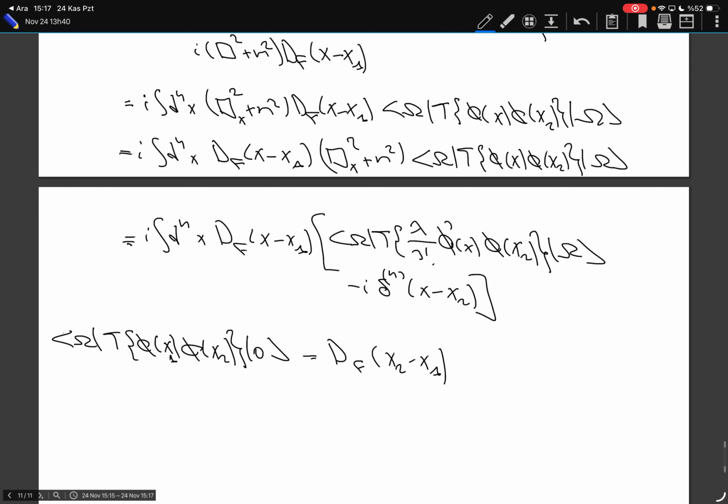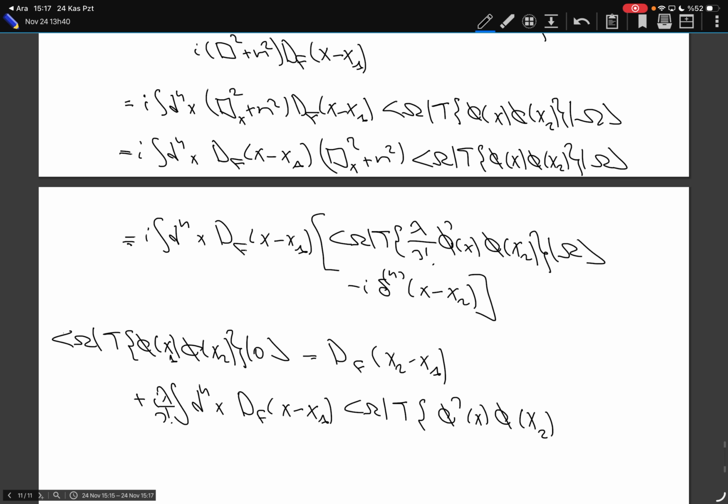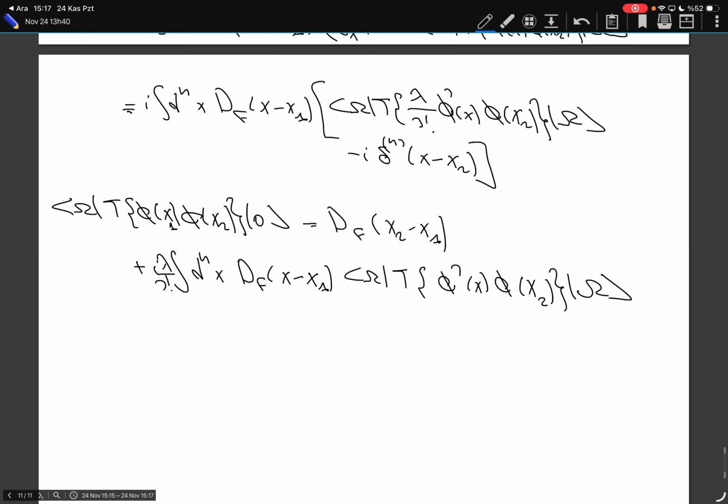Then I have plus i ∫ d⁴x Δ_F(x minus x₁) λ over 3 factorial matrix element of φ³(x) φ of x₂. So especially if I'm interested in the expression at λ equal to 0, the second term is not there. This is just the Feynman propagator we defined.